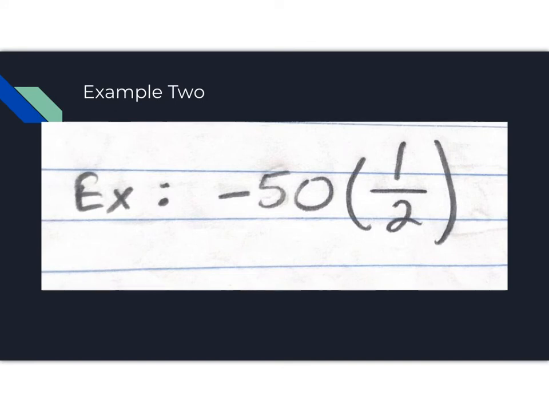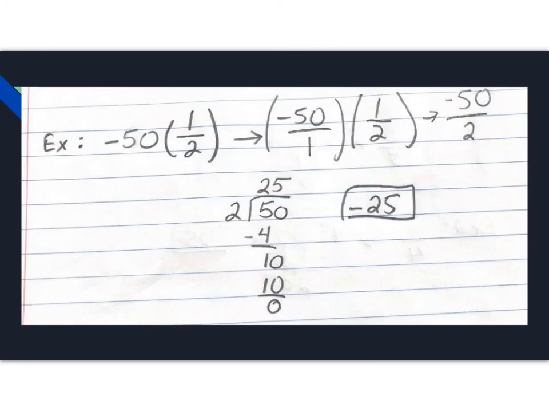The next example we're going to look at is -50 times 1/2. Alright, so this one, it's going to be easier to rewrite -50 as a fraction. If you remember, we can rewrite all whole numbers as fractions by just putting them over 1. So right here we have -50 over 1 times 1/2.